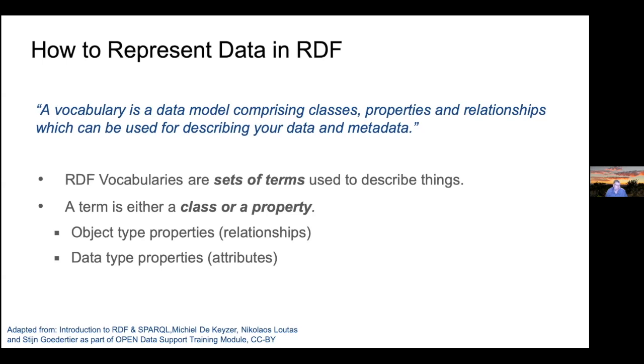And you can also have other types of properties, so data type properties or attributes or annotations, where you actually specify an actual value to something. So you could say that the volume in a certain measurement, right? So the volume has a measure of 40 cubic millimeters.